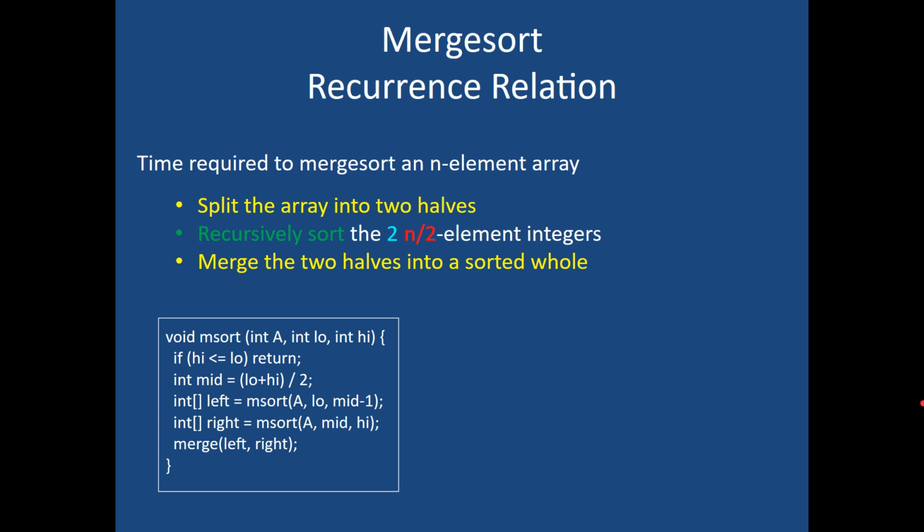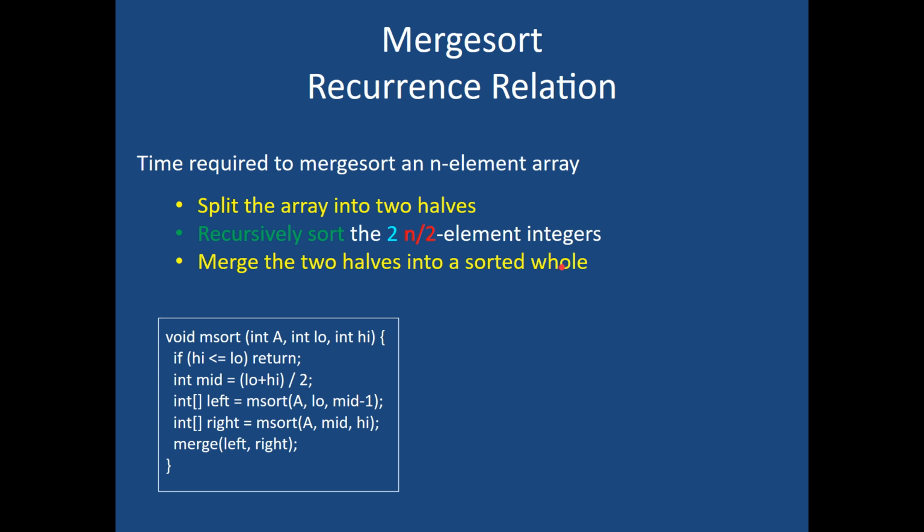So 2 recursive calls, because both of them have to be made. There's no if. How big are the recursive calls? N over 2. And what's the overhead? That's the yellow stuff. Split the array into 2 halves, merge the 2 halves into a sorted whole. Well, the merge is the expensive part. Merge is a linear time operation.